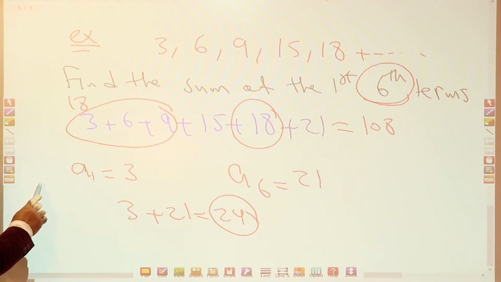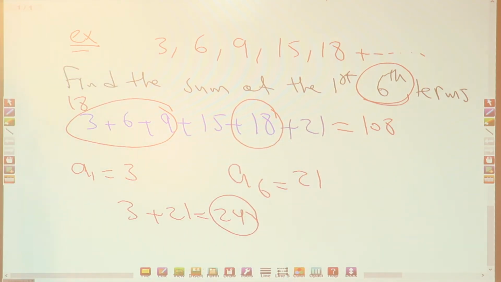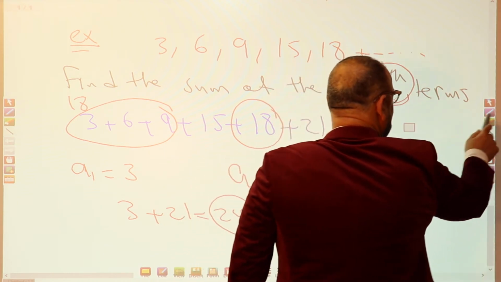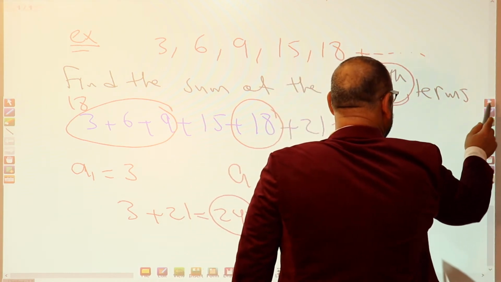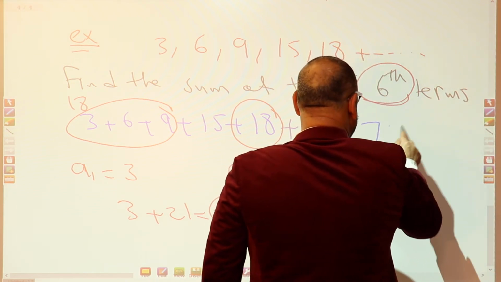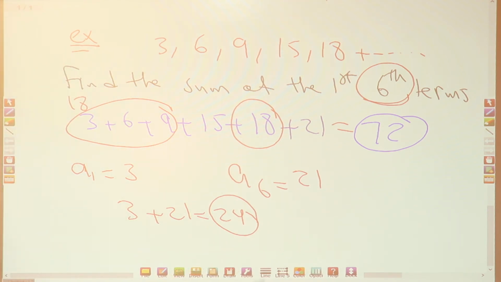We have 6 terms, so 24 times 3 is 72. Oh, sorry, we left out 12.